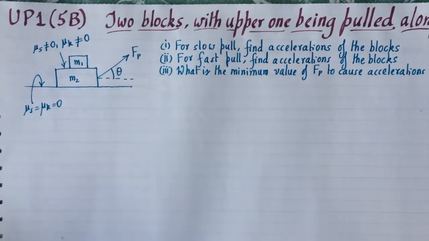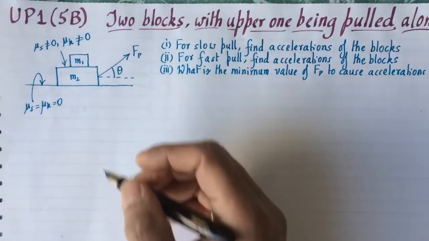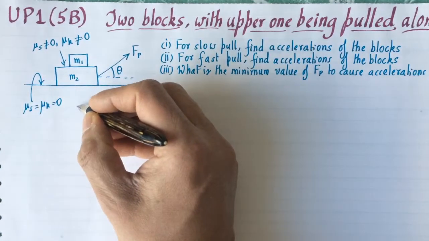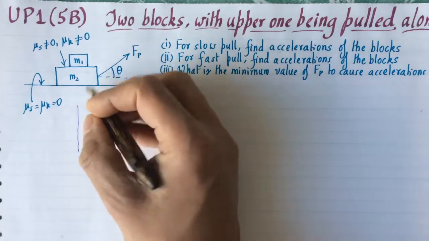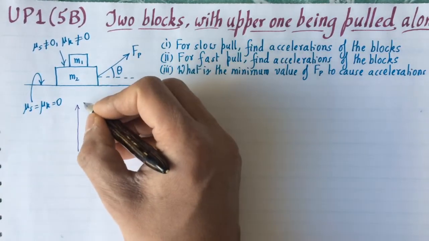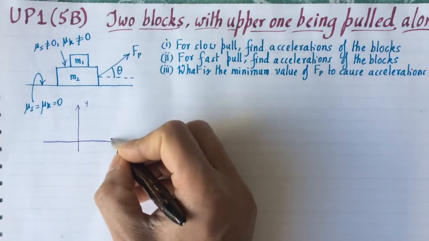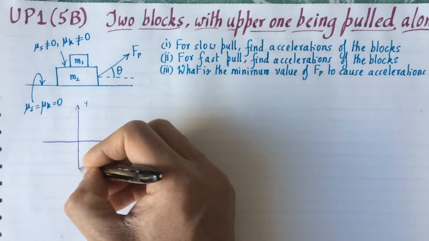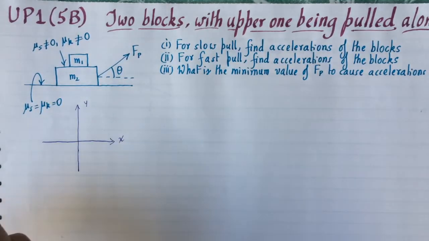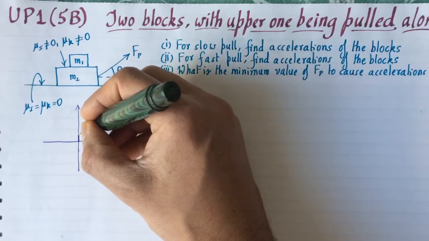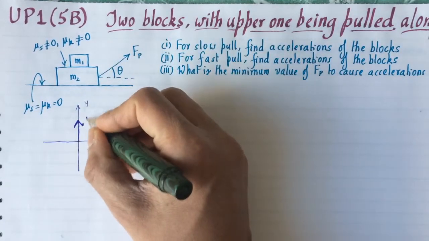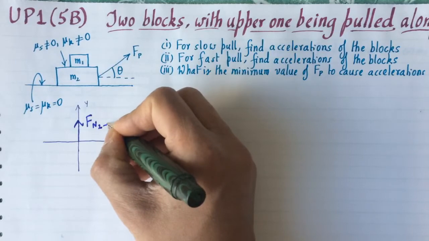The starting point is always to draw the free body diagrams. So we'll go with that. I'll draw the free body diagram of the upper block first. You're going to have a number of forces. The normal force from the lower block, which I'll indicate by Fn 2 on 1.